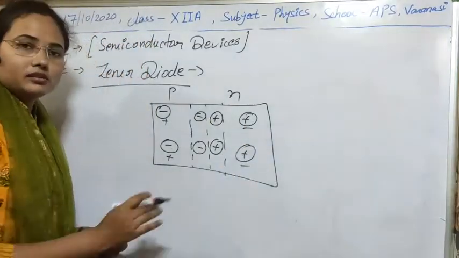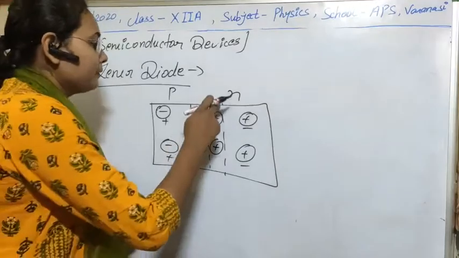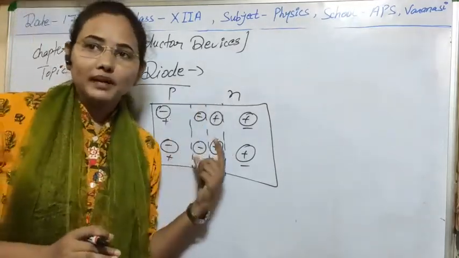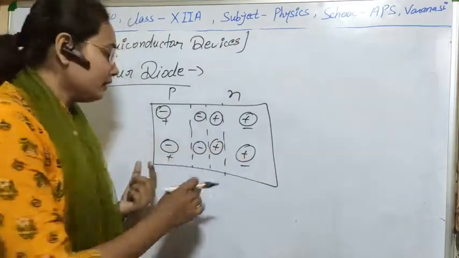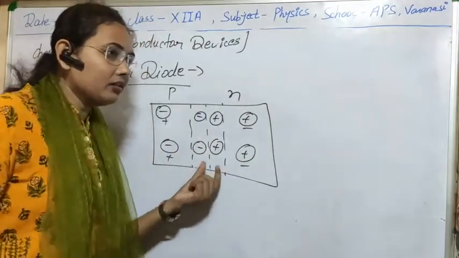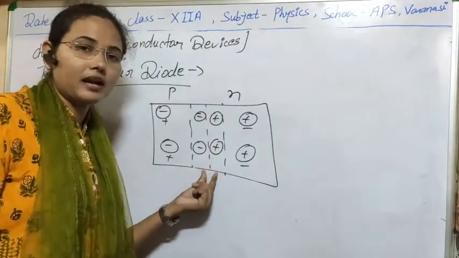This is a very simple diagram that I use every time. As I told you, in a Zener diode, if the doping concentration is very high, then the width of this depletion region becomes narrower, and if doping is increased continually, its width becomes narrower and narrower.